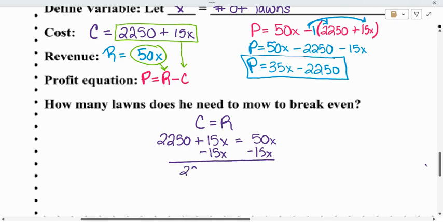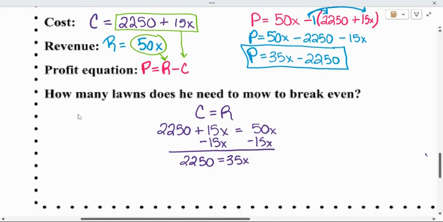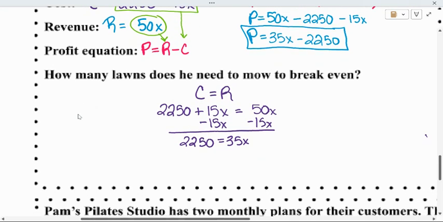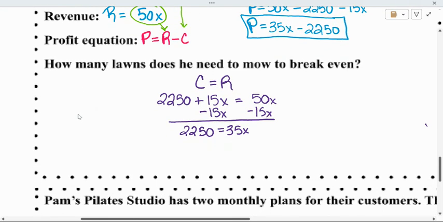So 2,250 equals 35x. Now what do you want to do, Tyler? How do I get x all by itself? Divide. Exactly. We're going to divide both sides by 35. Good job.